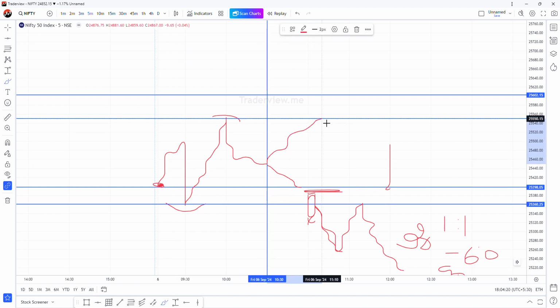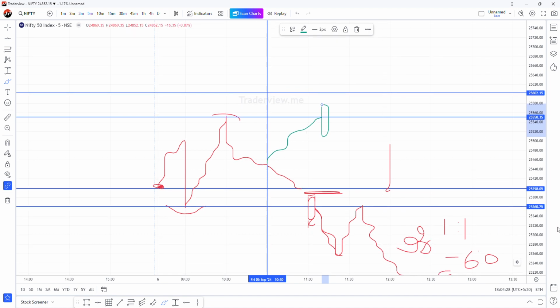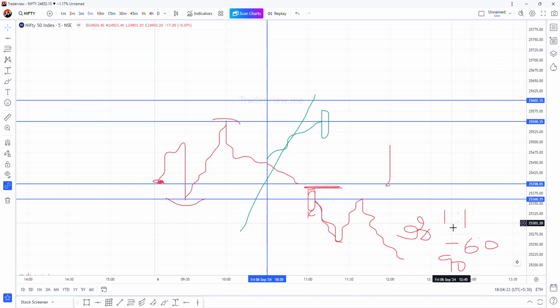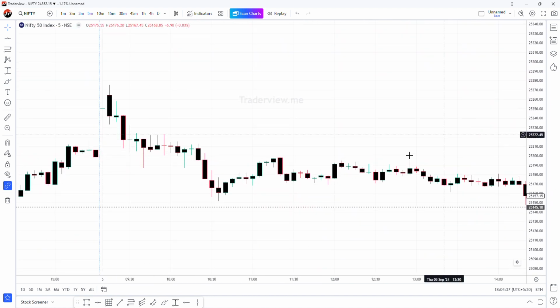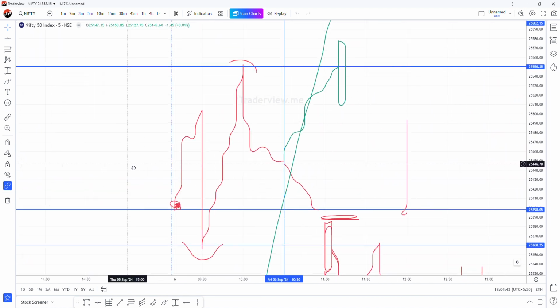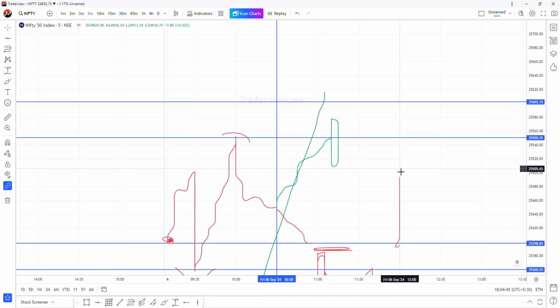Okay, upward direction from here, and if it is breaking up with a good volume with the candle, okay, as I showed you in this chart, you can see here, let it break with a good volume like this, in a green color. Okay, then what you have to do is wait.